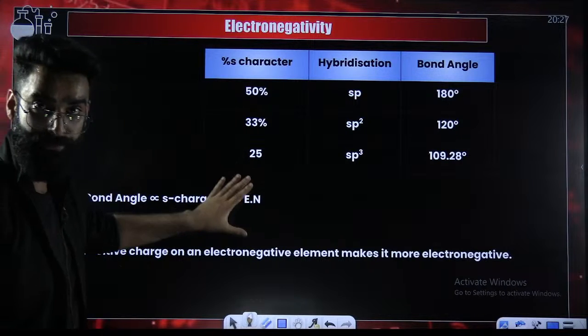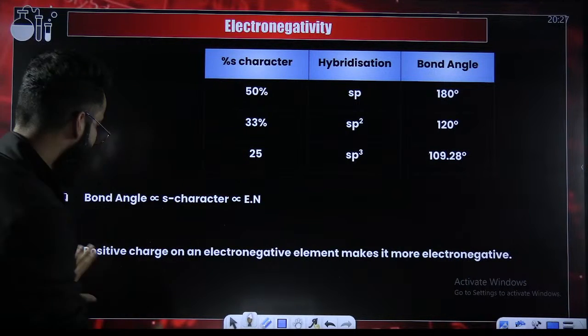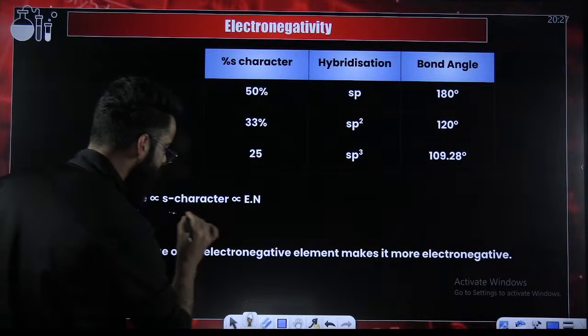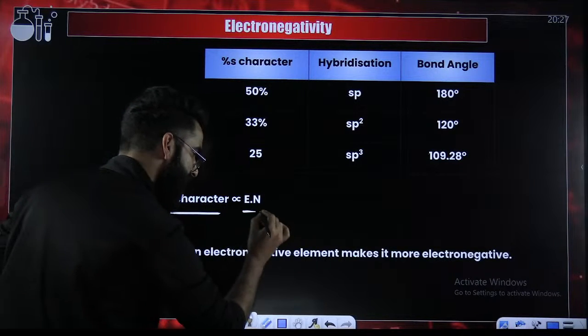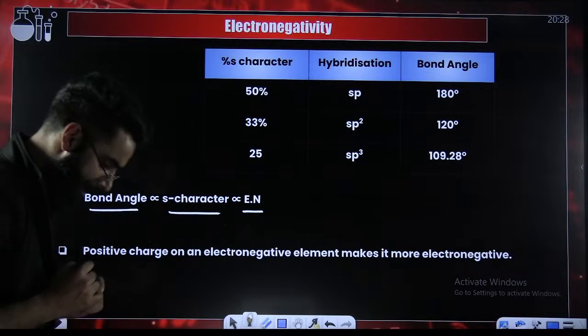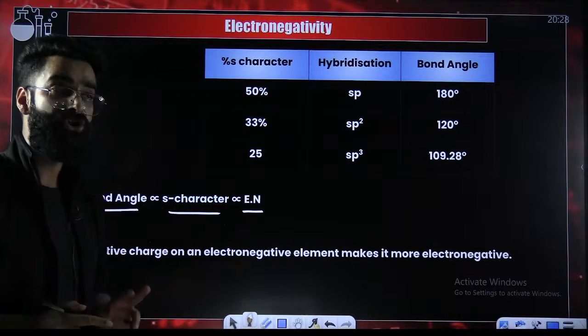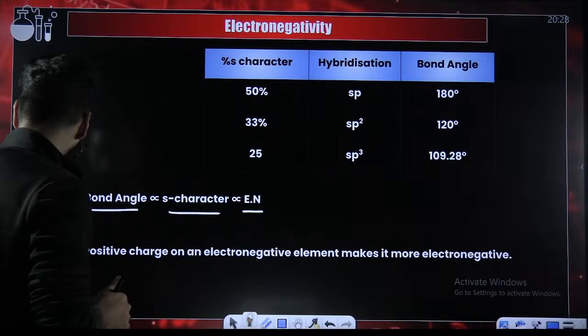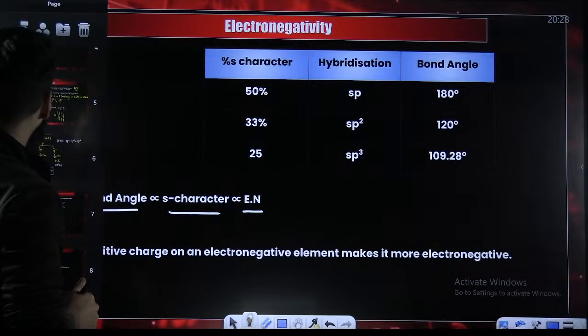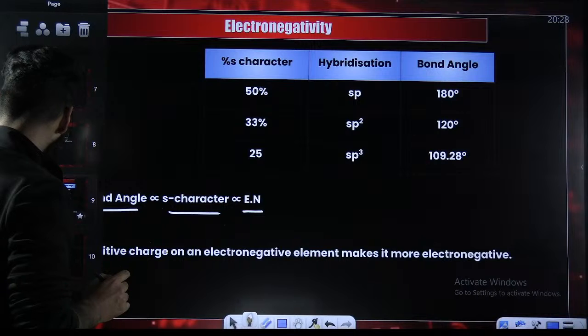This is something I told you. Bond angle is directly proportional to percentage s character, which is directly proportional to electronegativity. Now, my dear students, two things I'm going to tell you right now, which I would want every one of you to remember.